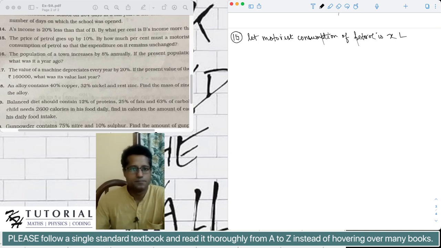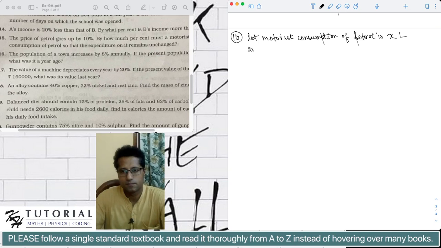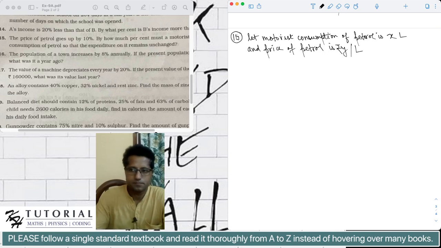So we can assume two things. That is, let motorist consumption of petrol be X liter, and the price of petrol is, let's say, rupees Y per liter. Capital L stands for liter. So we have assumed two things.